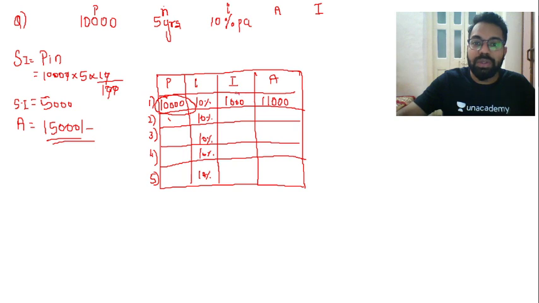So this amount, 11,000, becomes the new principal. Every time you earn interest, that interest will also fetch you 10% interest. That keeps on compounding every year, and that is why this type of interest is called compound interest. So now, what will the interest be here? It will be 10% of 11,000, which is 1,100 rupees.